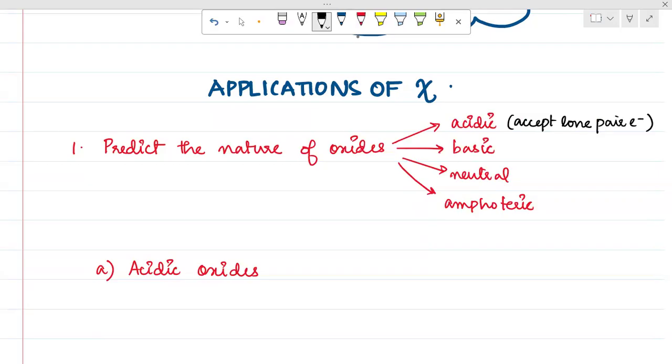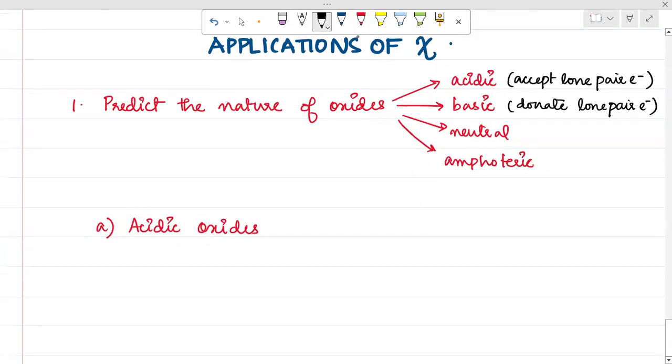Bases are those who are ready to donate the lone pair of electrons. So in acidic oxides, if they have to accept the lone pair, one among the major criteria that they should have is high oxidation state.